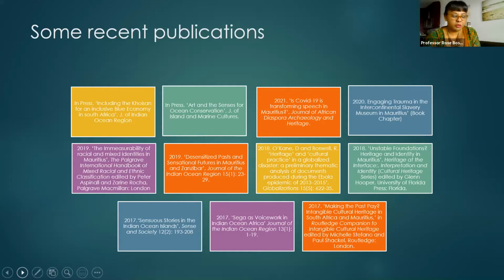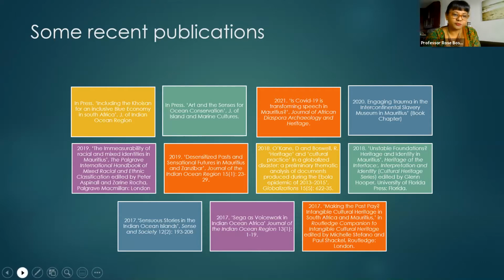There are also a number of publications that have emerged in the last few years, which indicate increasing interest in the role of the humanities in ocean cultures and heritage, and specifically in the identification and management of intangible cultural heritage. If you're interested in these publications, you can message me separately and I can send you the details.